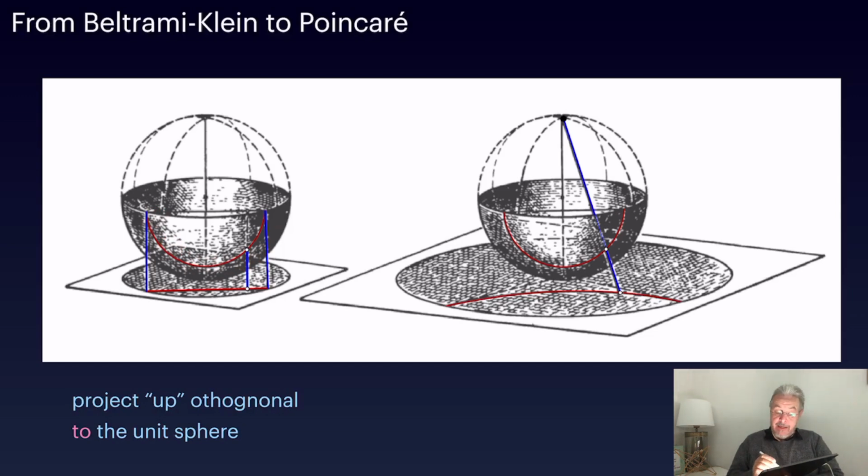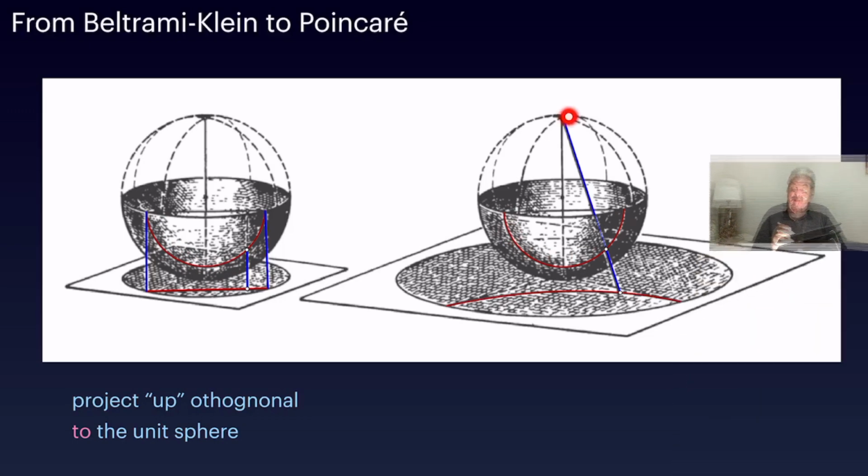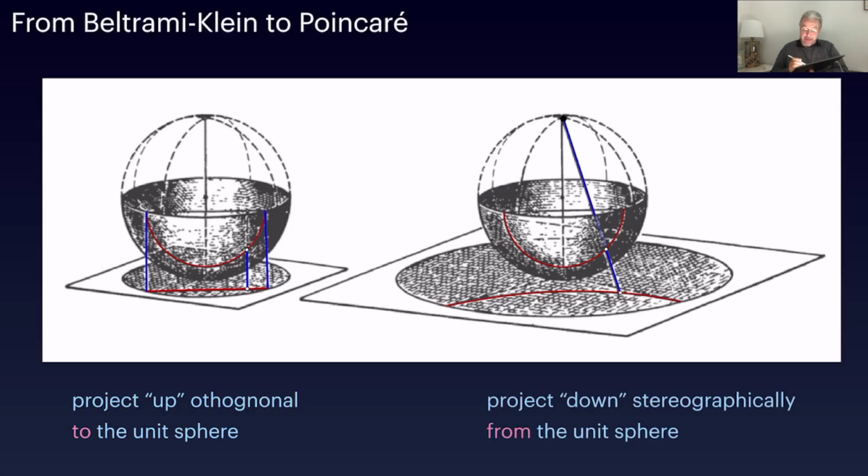And now you take this circular arc and project it down to the plane again, but this time stereographically from a projection point that's sitting in the north pole of the picture. And what you get is, well, the lower hemisphere will be projected into a bigger circular region down here, and this half circle will be projected to an arc that actually turns out to be orthogonal to the boundary. And this is exactly how you get from one picture to the other.